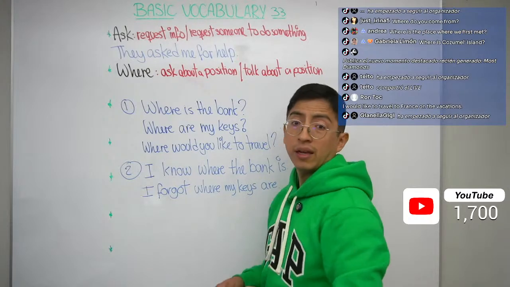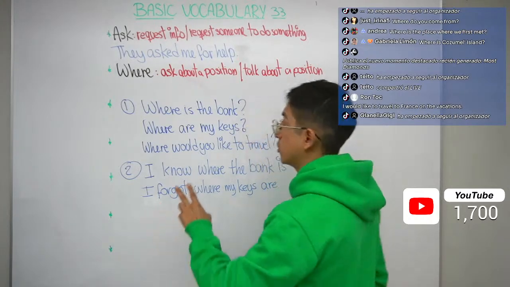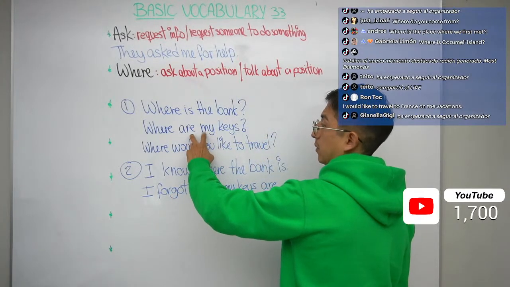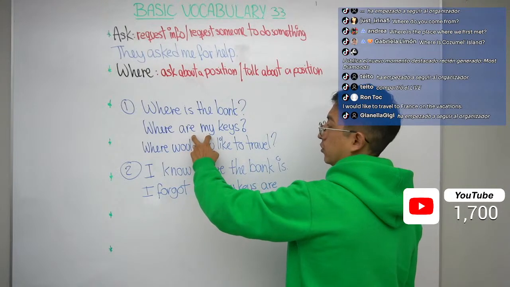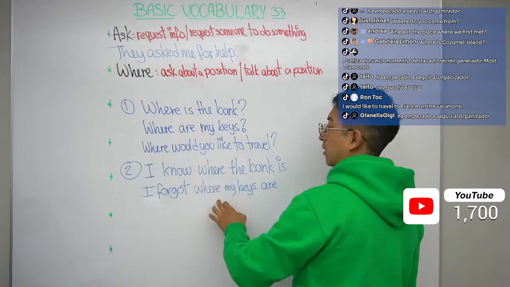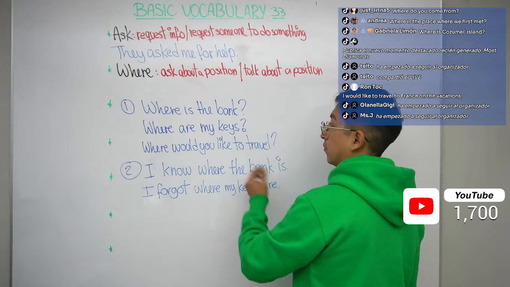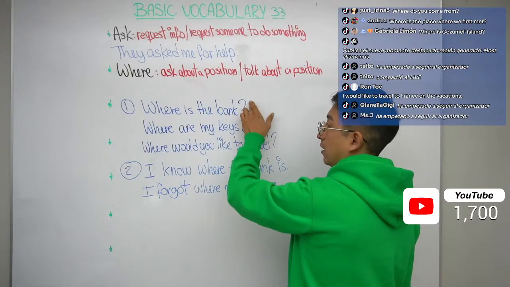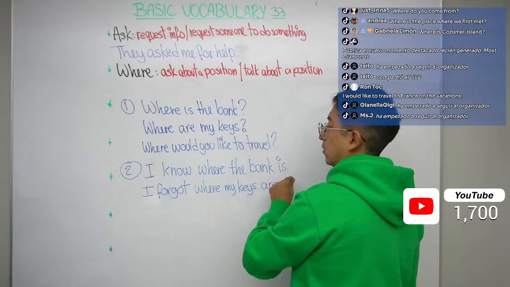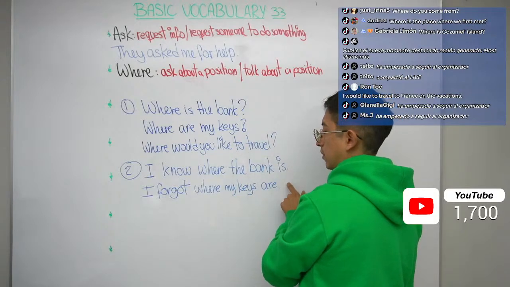See? It's the same. We changed the position of these two units. Where are my keys? Where my keys are. Why? Because they are direct questions in this case.